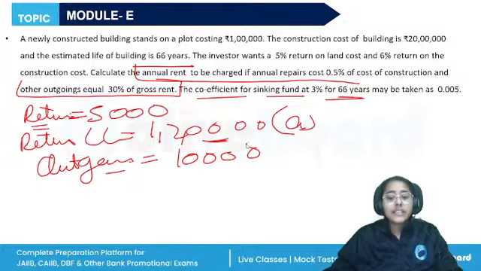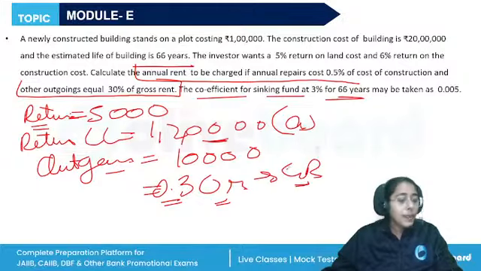So we are taking this as 0.30R, where R is the gross rent. Now from here we will start our calculations.